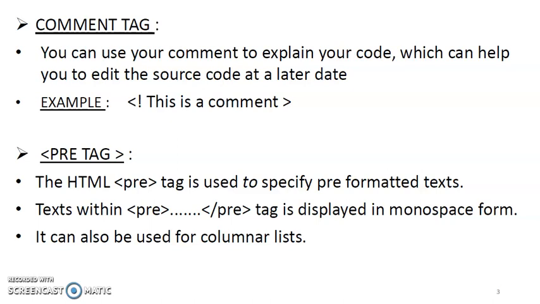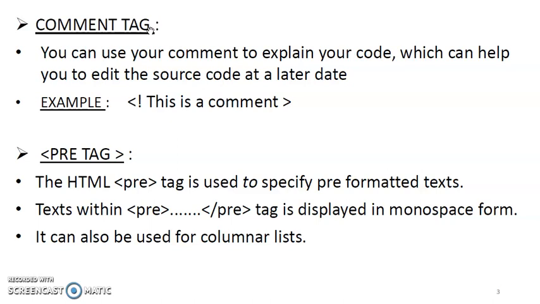So whenever I am opening that code, I can see that student's name only in the comment tag. But whenever I am running or executing that code, then this tag is not displayed. So whenever I write the comment tag, this tag is not visible in the web page. Okay.